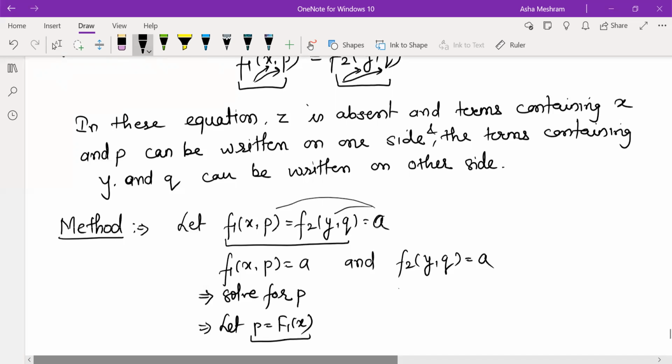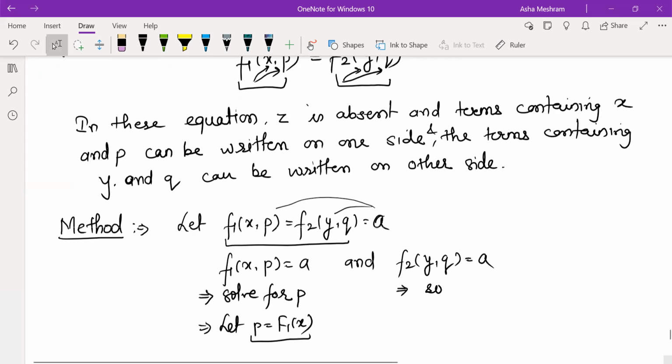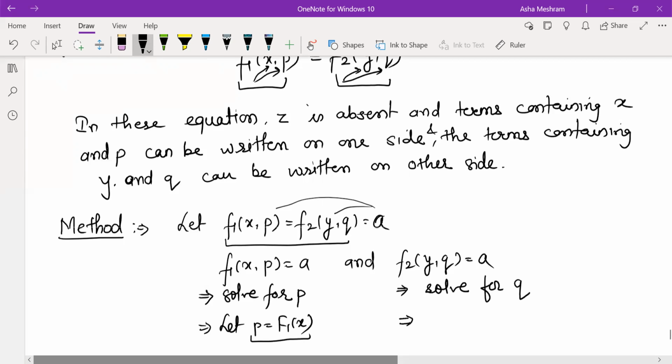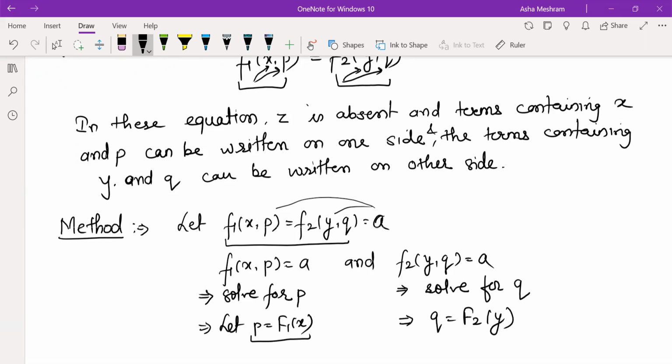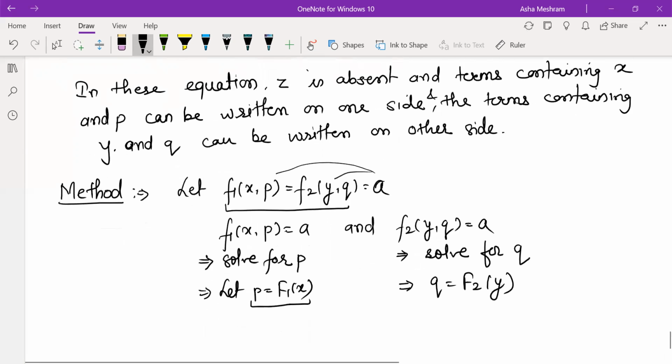And similarly here we will solve this expression for q, and on solving this expression we will get some q is equal to f2 of y. ठीक है, क्योंकि वहां पे सिर्फ y का टर्म है.